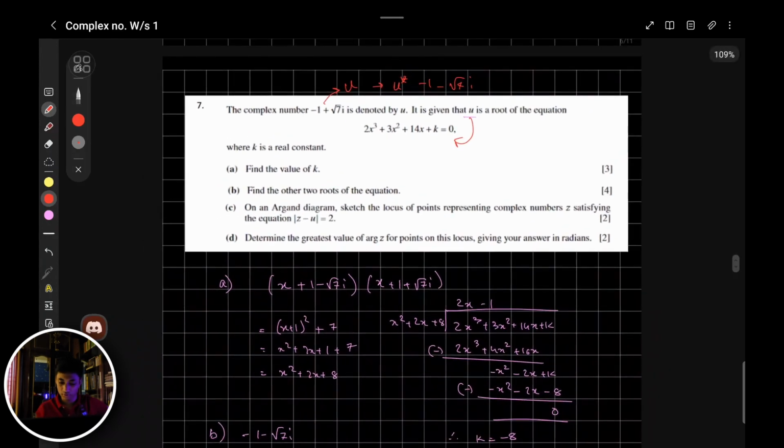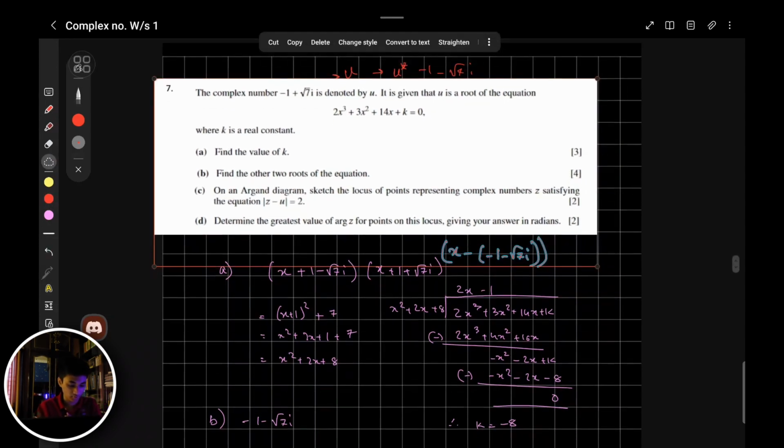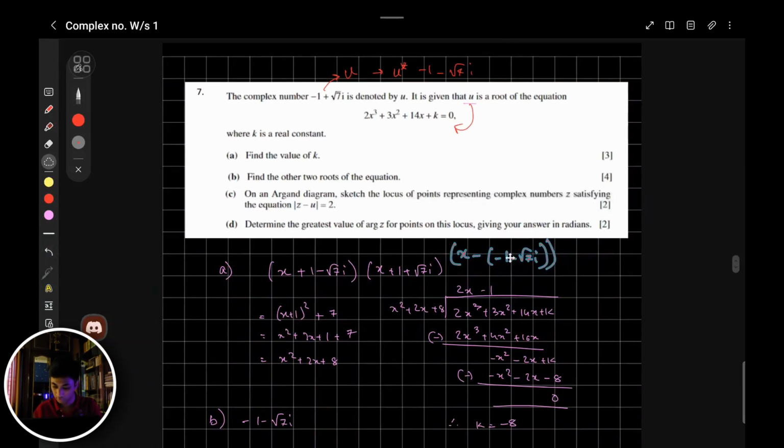So what do we do? We are going to let's say x minus (minus 1 minus root 7i). This is one factor, right? The other factor is going to be x minus (minus 1 plus root 7i).